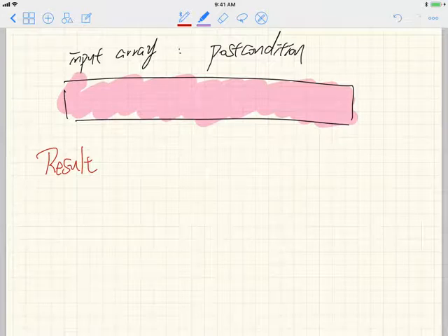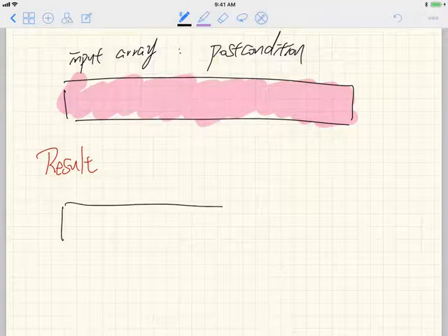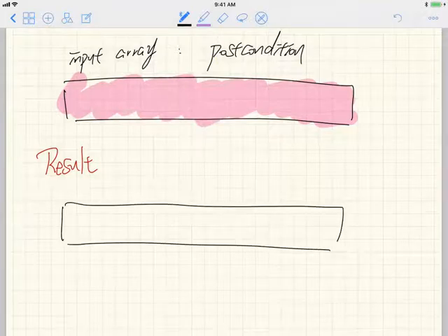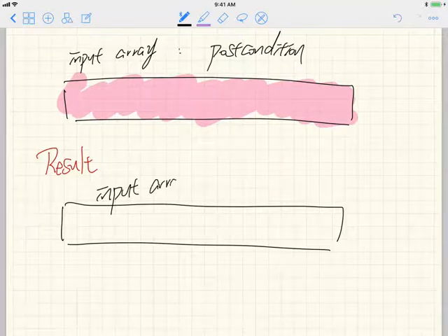Now how do we specify the loop invariant? As I said before, it's going to be a special case of the postcondition. Let me just draw the same array and then show you the idea. Of course, if you want to do a typical loop, you will simply have a loop counter, input array, and then what would be the loop invariant?